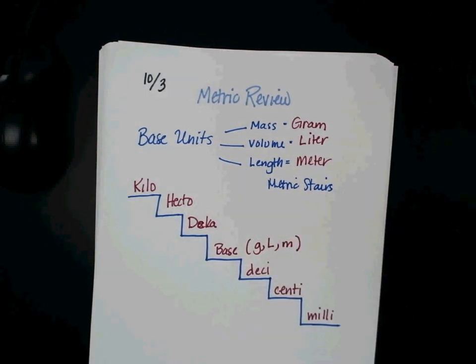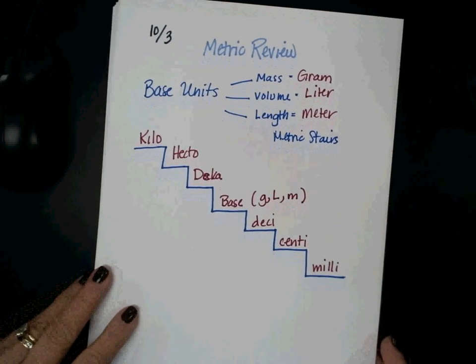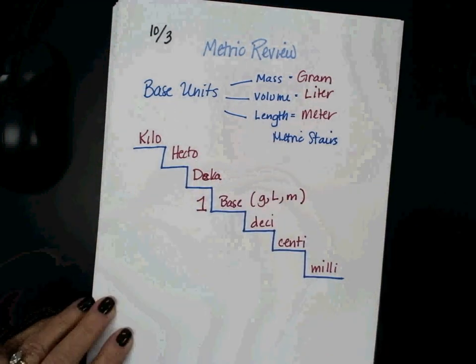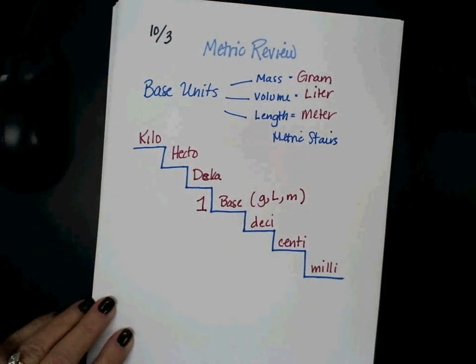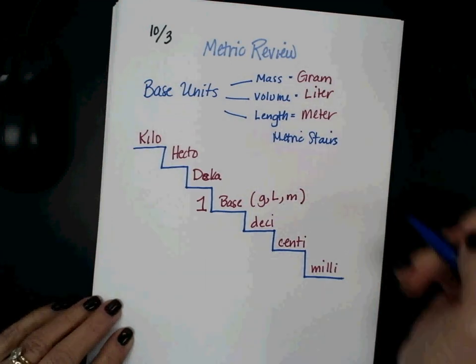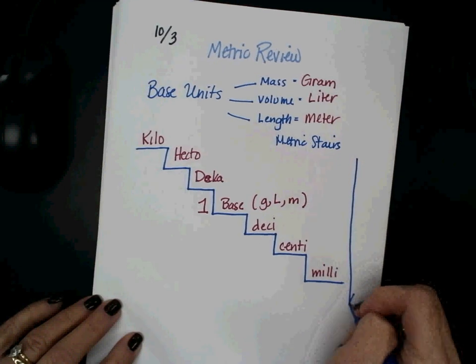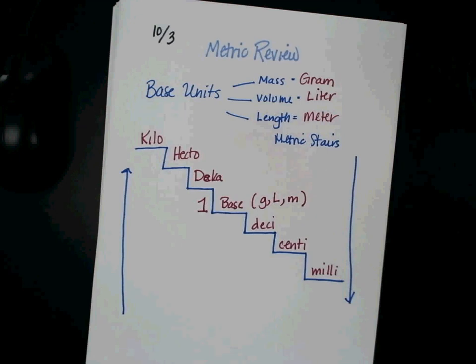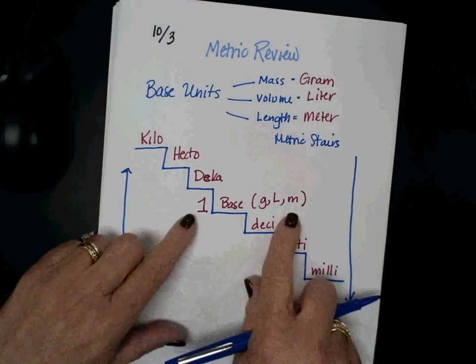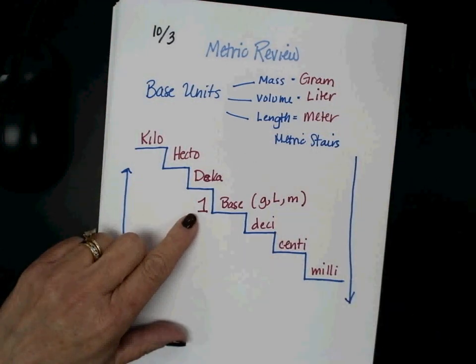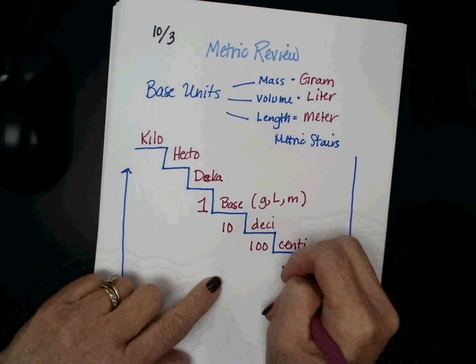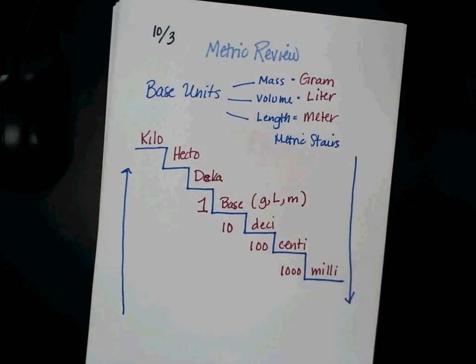And I am going to show you what happens when you move up and down these stair steps. So we're going to set our base equal to 1 unit. And we're going to look at what happens as we move down the stairs and as we move up the stairs. So if I have 1 meter, that 1 meter is equal to 10 decimeters, 100 centimeters, and 1,000 millimeters.